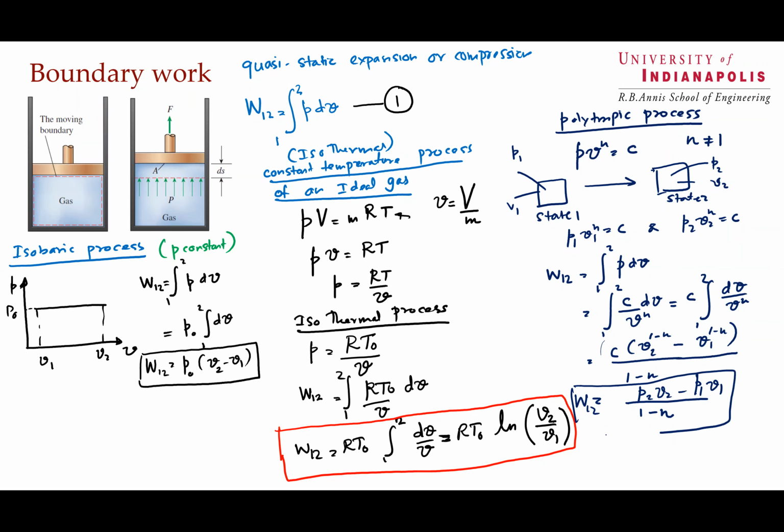So that's the equation for the polytropic process for boundary work. Constant pressure process, isothermal process of an ideal gas, and then polytropic process: three different processes. We discussed how to find the boundary work by using these equations. So you should be able to find it for any process like this if you know the relationship between P and V.